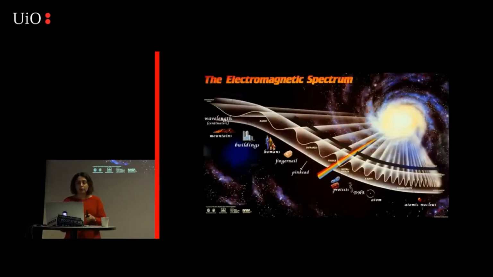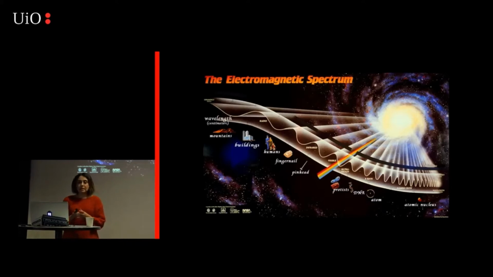Now I would like to change the topic a little bit and tell you how we study stars and stellar evolution. Essentially, all the information that we get from space comes from the electromagnetic spectrum. Here you can see this tiny strip, which is the visible light.